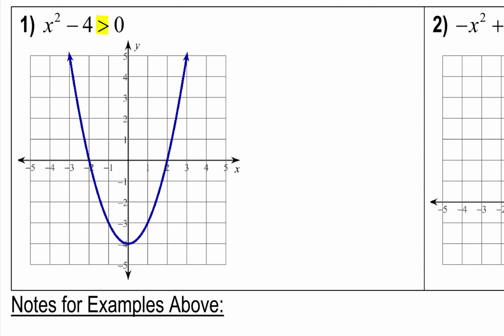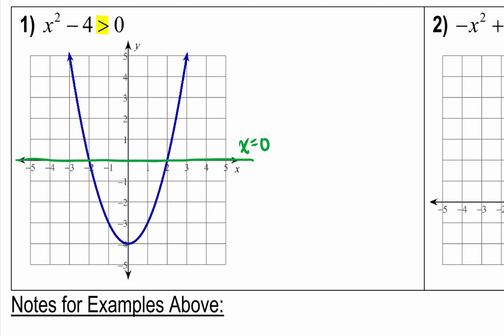You don't have to write this part down, but just to illustrate, since we're talking about y, and we want to be greater than 0, the value of 0 is the x-axis, this green line right here. So I want to be greater than that, or above that, right?